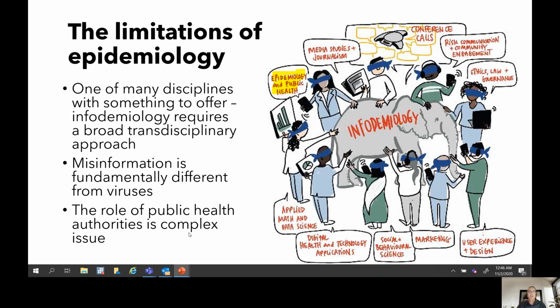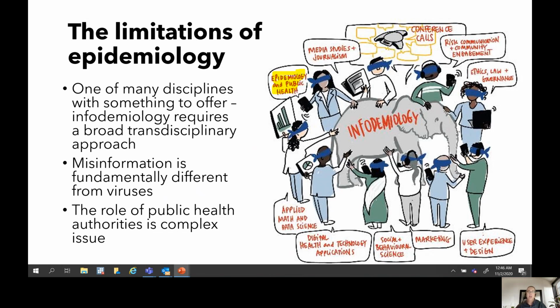Finally, the role of public health authorities is a complex issue as well, because the arbiter of the truth in terms of determining whether information is misinformation or disinformation is something that ideally should be independent.